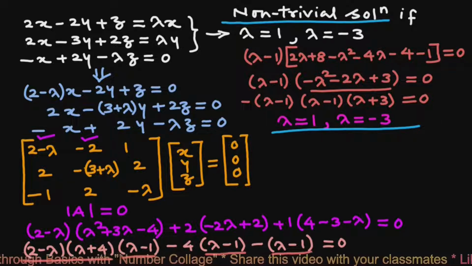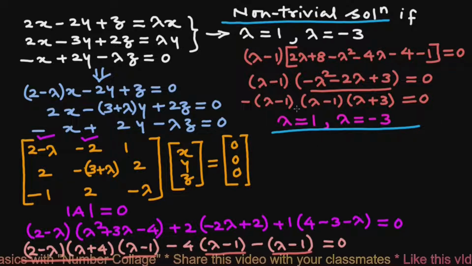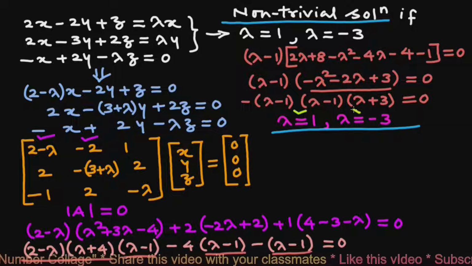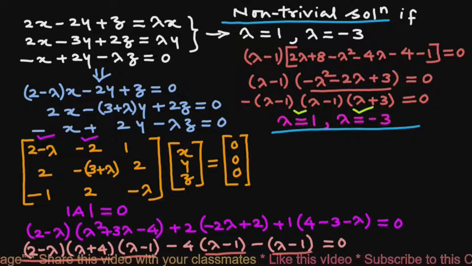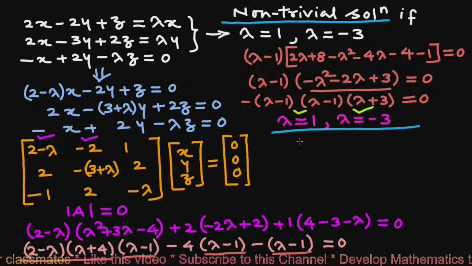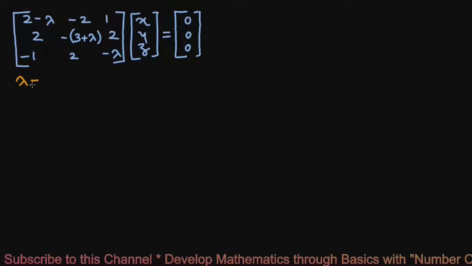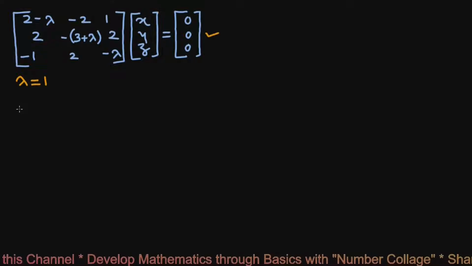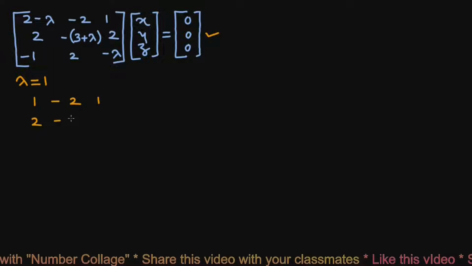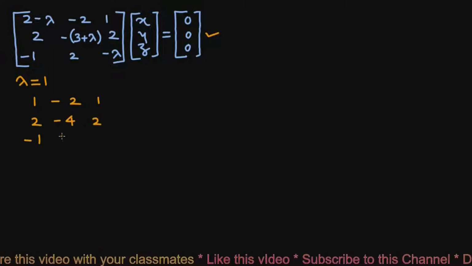Now, in order to find the general solution, we will take lambda equals 1 and lambda equals minus 3 one by one. So, first we will take lambda equals 1. Let us rewrite the matrix equation in lambda. Now putting lambda equals 1, this equation becomes [1, minus 2, 1; 2, minus 4, 2; minus 1, 2, minus 1].